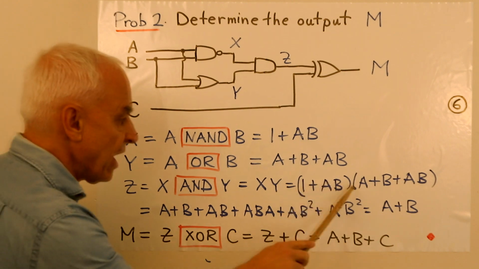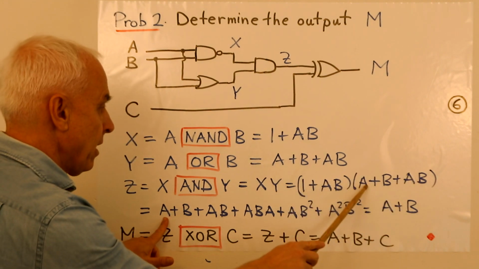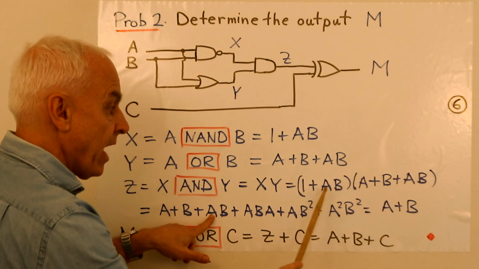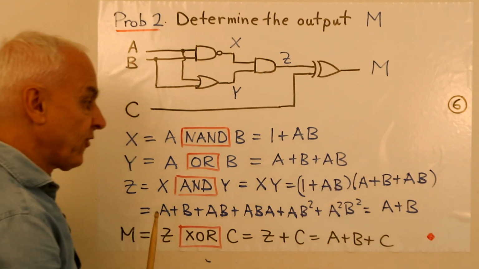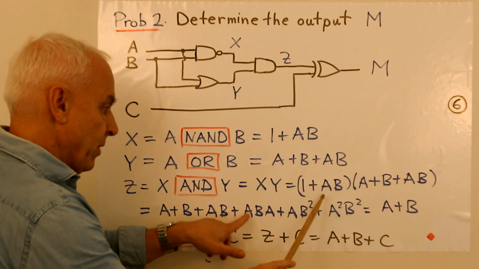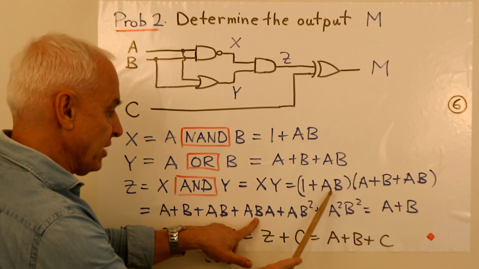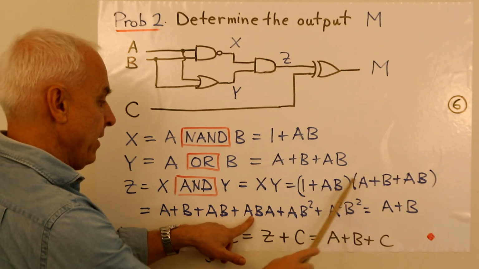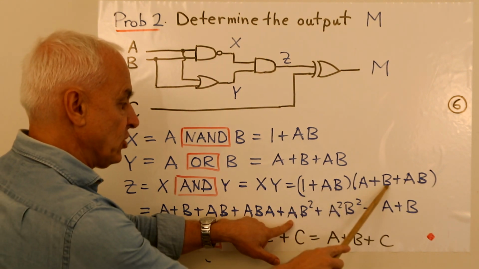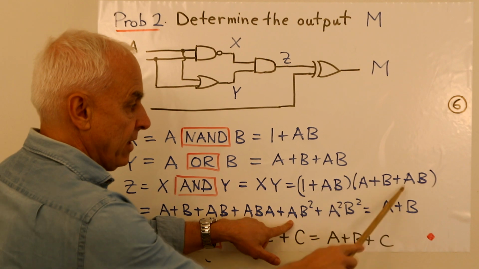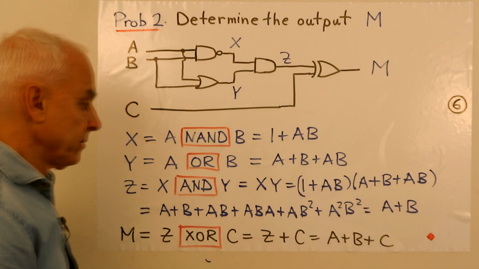Just polynomial arithmetic with these Boole algebra simplifications. So 1 times all of this is A plus B plus AB, and then AB times all of this, I've written that out longhand here. So here's an ABA, and then here's an AB squared, and here's an A squared B squared.